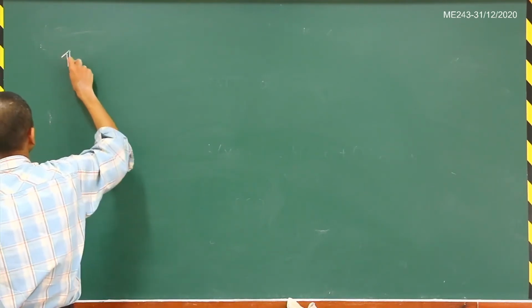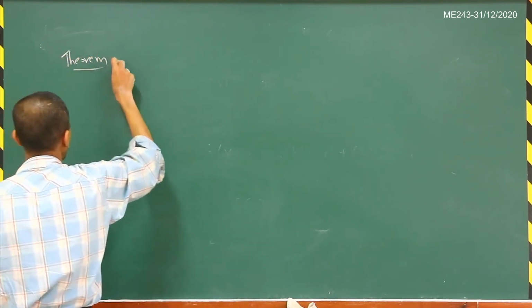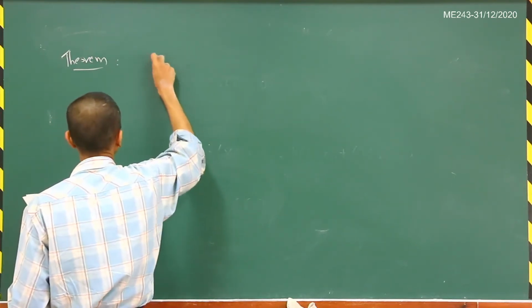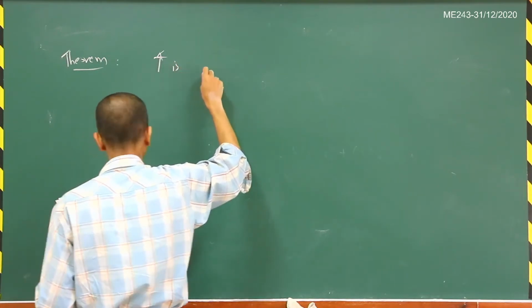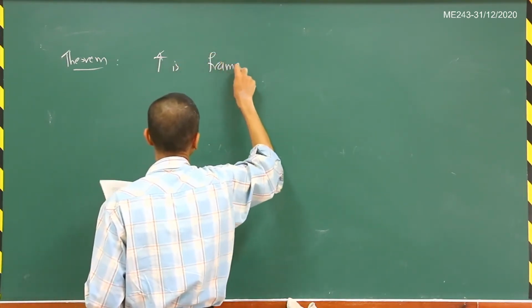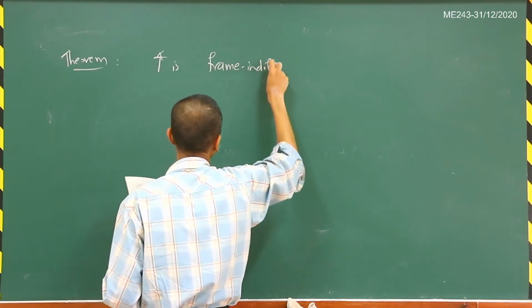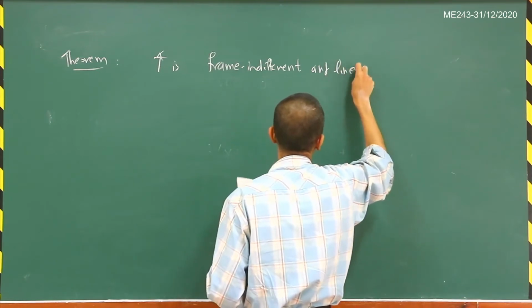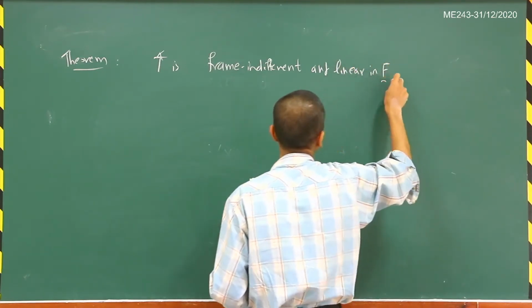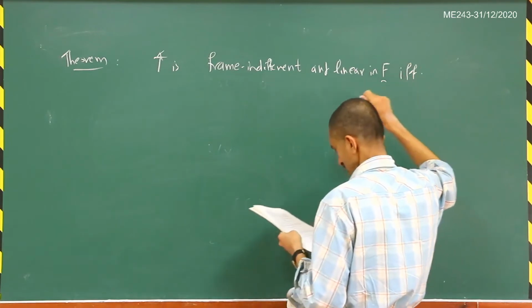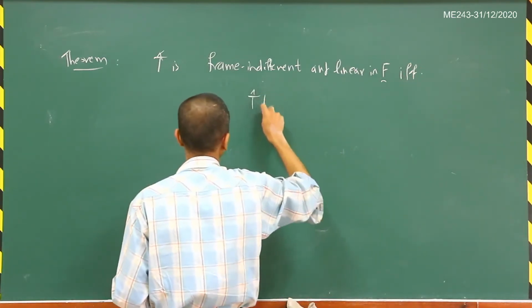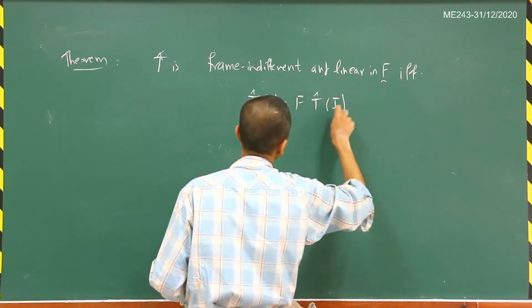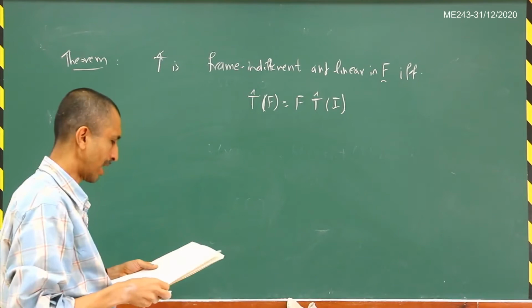Theorem: T is frame indifferent and linear in F if and only if T hat of F is equal to F times T hat of I. Okay, so this is a result that we will show.